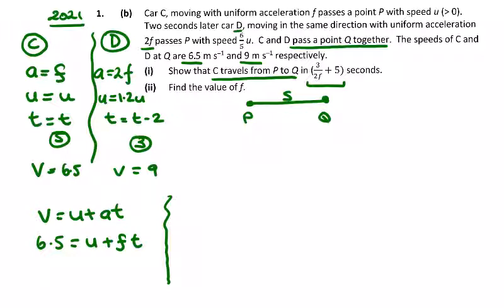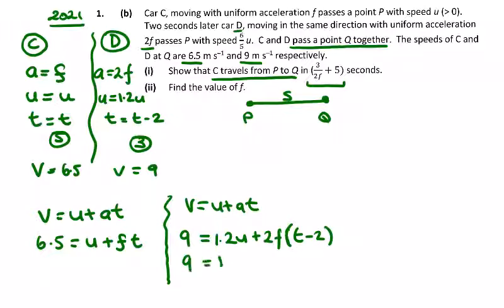So for D, V is equal to U plus AT will give us 9 is equal to 1.2U plus 2F times T, which is T minus 2. So 9 is equal to 1.2U plus 2FT minus 4F.